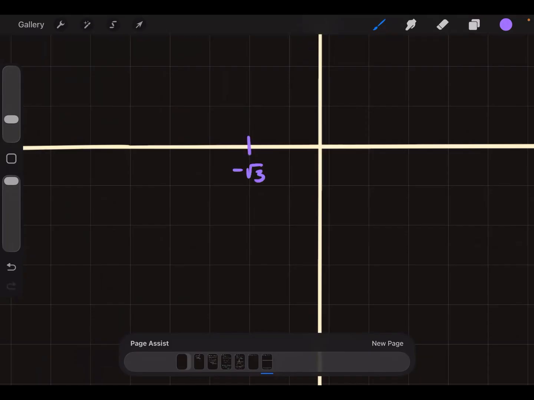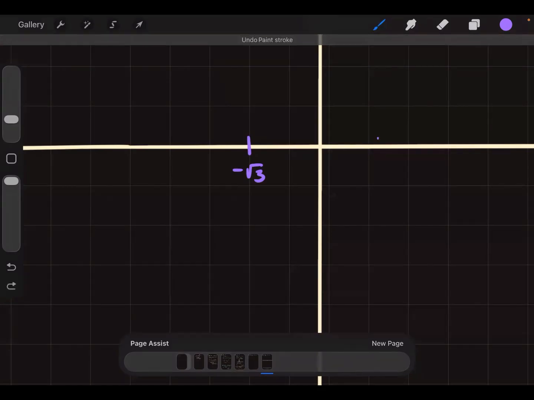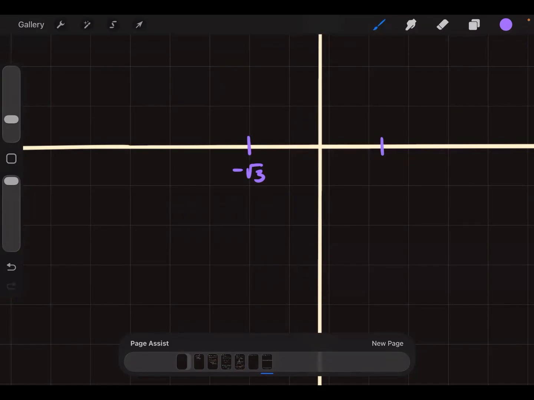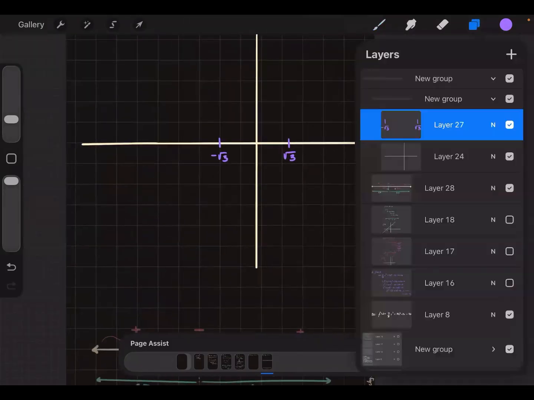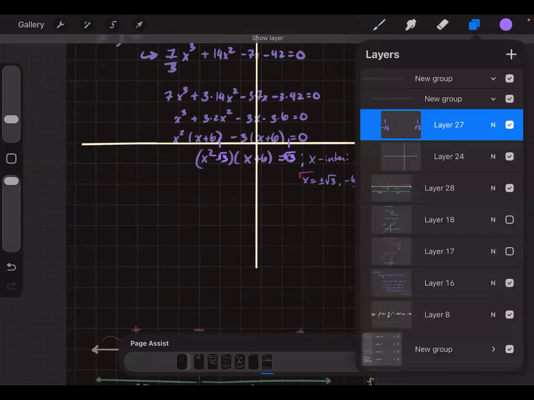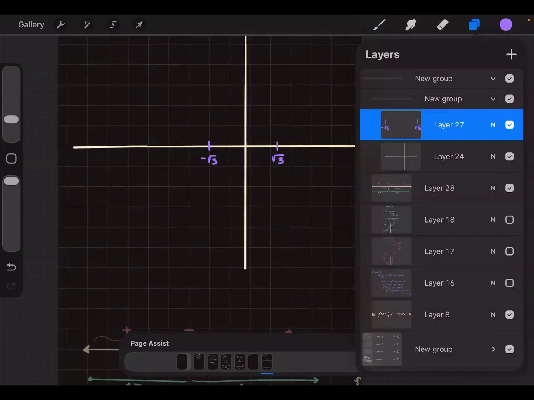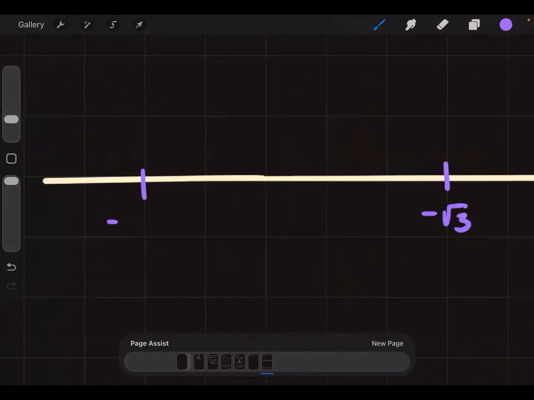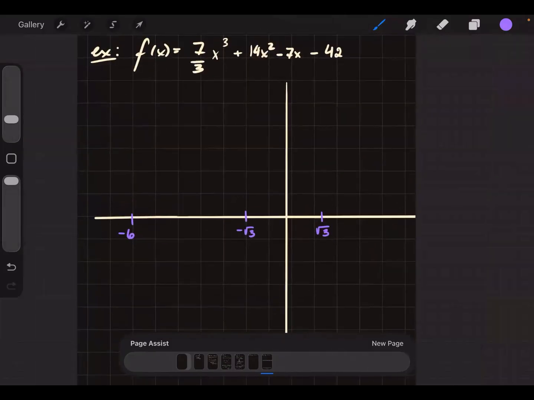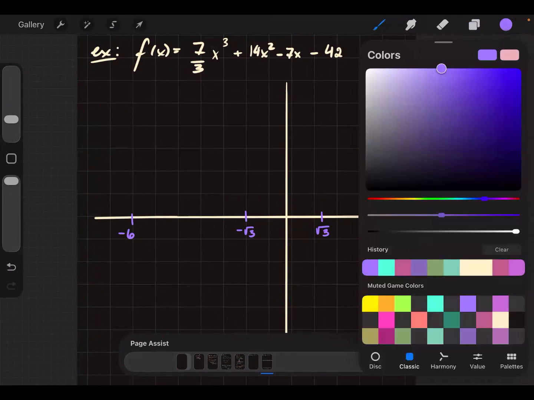And let's put positive root 3 right here. We also know that we have another 0 at -6. Let's put -6 over here. So off the bat, we have our 3 x-intercepts.